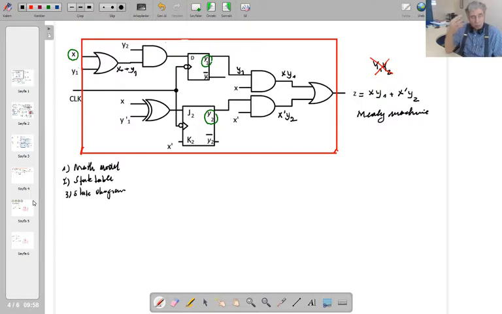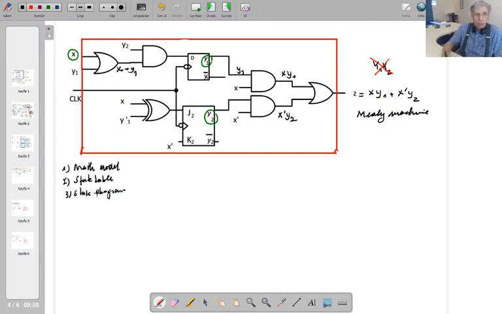So I can repeat it once more here, as we have done in the Moore machine. If your circuit has a few memory elements and a few input variables, we call it a simple circuit. If you are going to analyze your simple circuit manually, then the best analysis model is the state diagram.